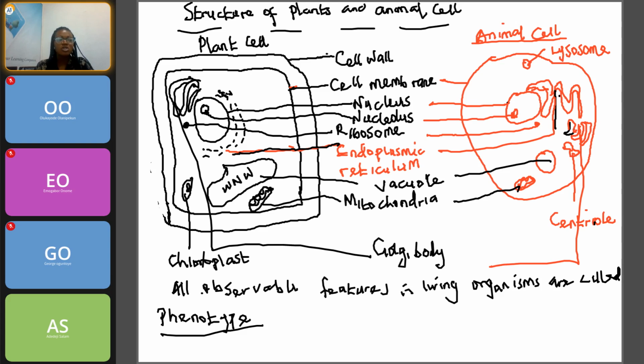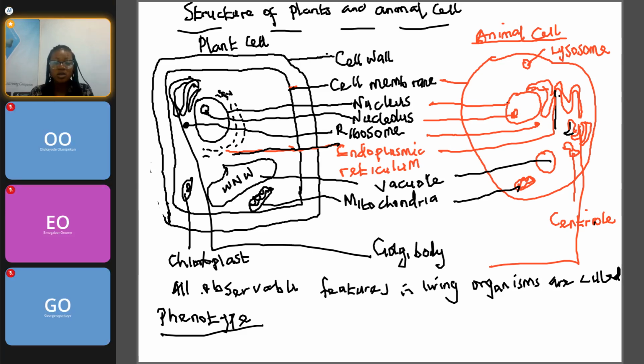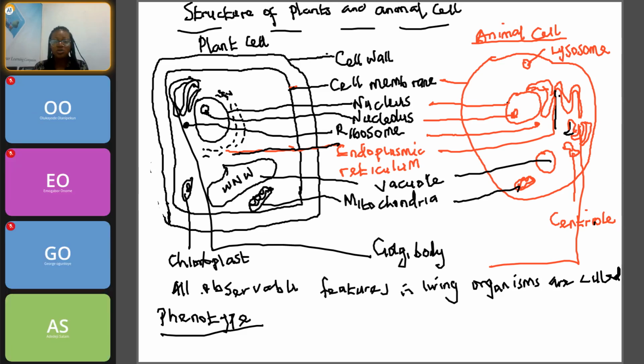We talked about the characteristics of living organisms, which is Mr. NIGERAD: movement, respiration, nutrition, irritability, growth, excretion, reproduction, adaptation, and death. Then we moved to the structure of plant and animal cells, which you can see here on the board.